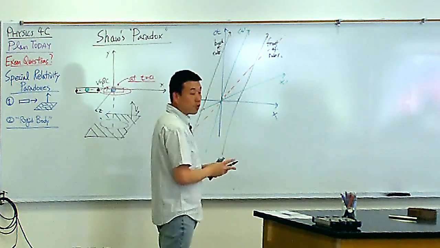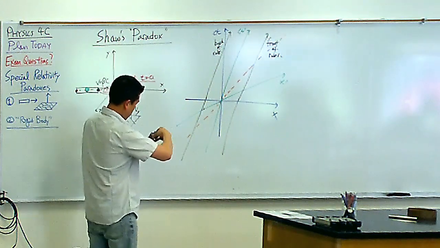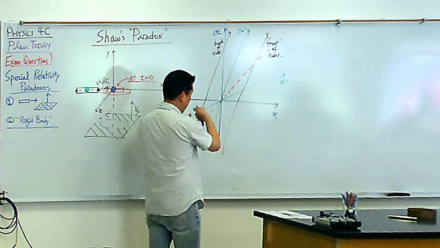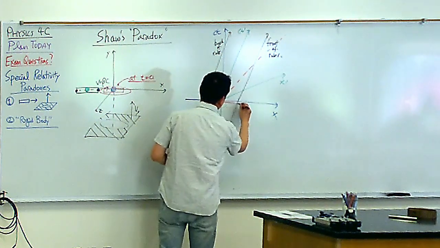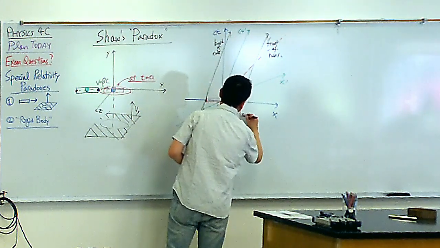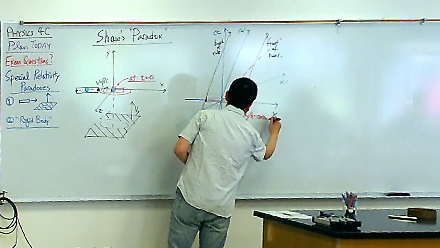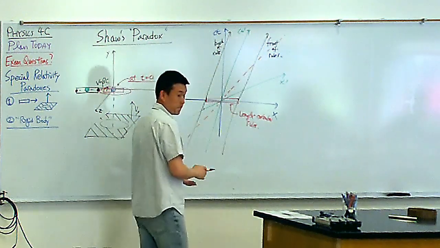And the Lorentz contracted length that's being measured here. What the length is? Well, the position of all the locations of the ruler at time equals 0. So this is the length of the contracted ruler. Okay.